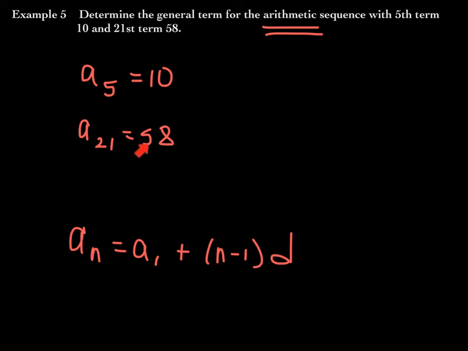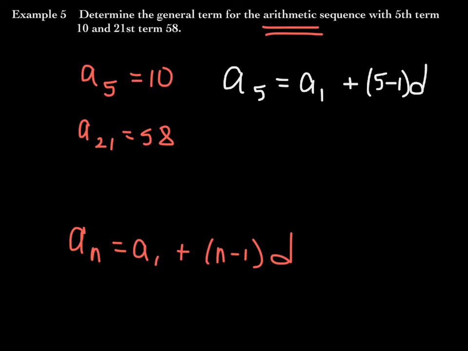The second piece of information says the 21st term is 58. That means we can take 21 and plug it in for n into the general term. So doing this for each of these gives us the following. a sub 5 is equal to the first term, which we do not know, plus 5 minus 1 times d.